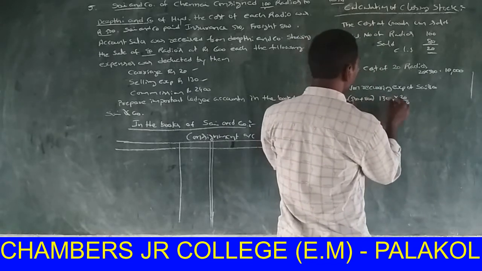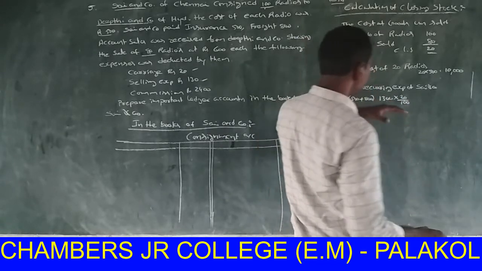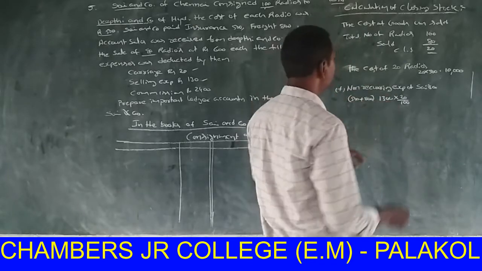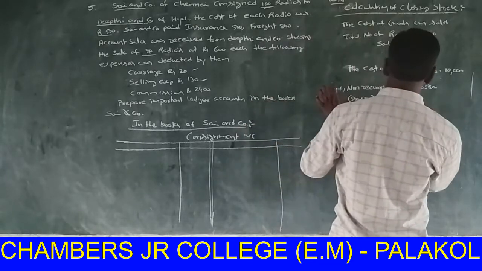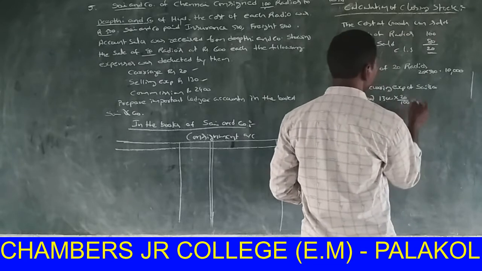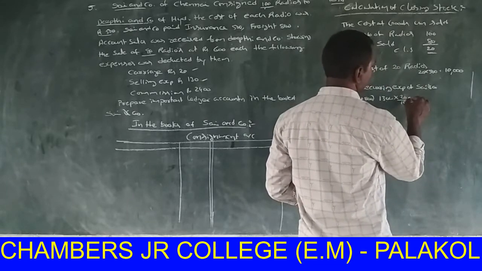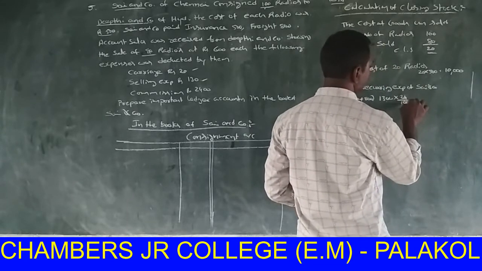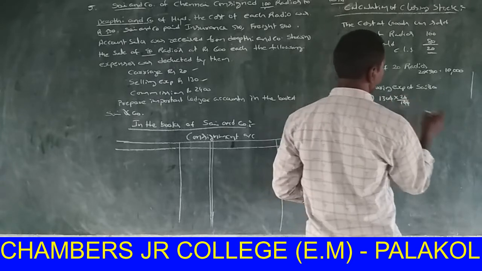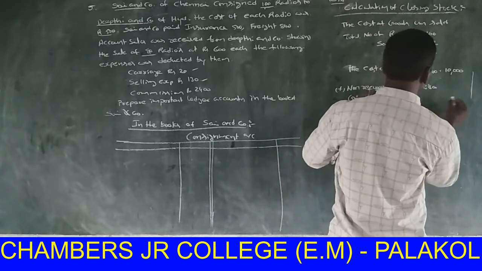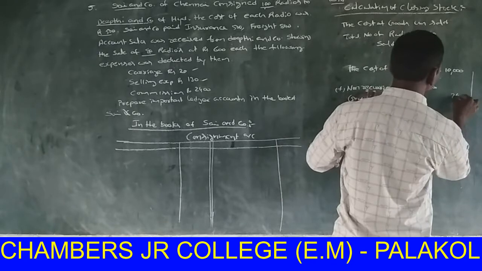This is the part of the expenditure of consignor. 1,300 into 20 by 100. Zeros cancelled, 130. 130 into 2 is 260.